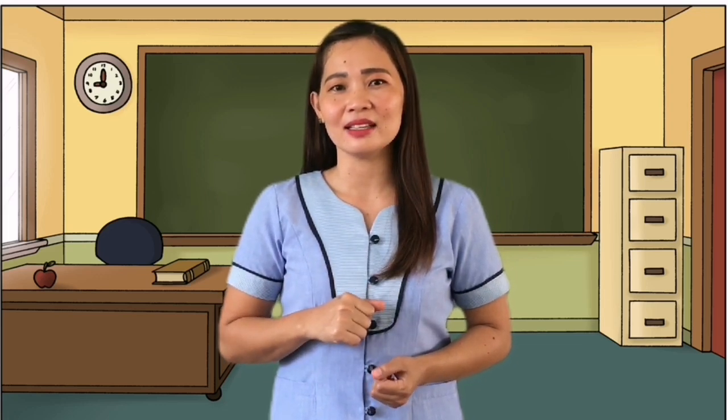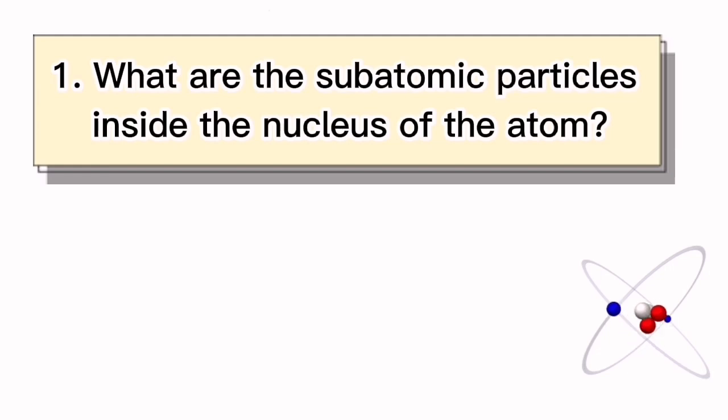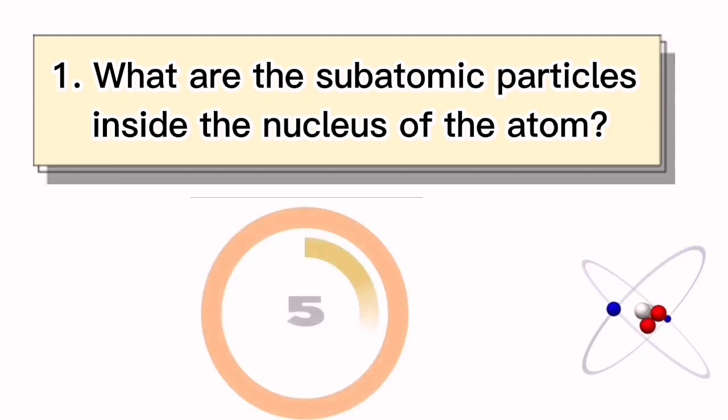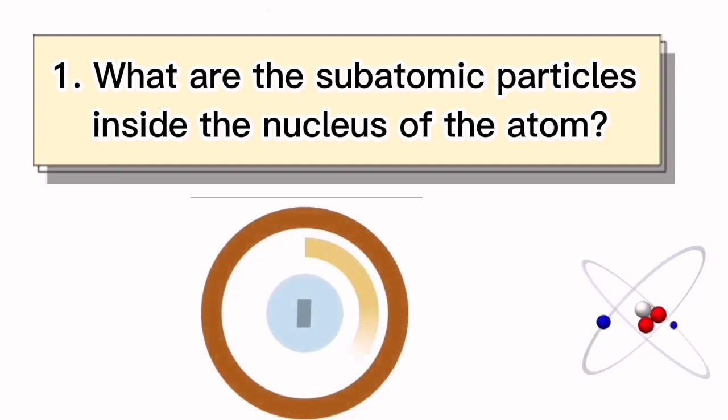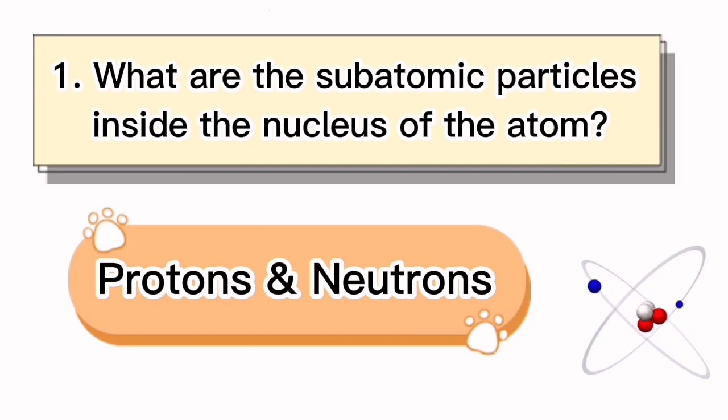Very good! Let me now assess your understanding by answering the following questions. Are you ready? Number 1. What are the subatomic particles inside the nucleus of the atom? Ready? Go! The answer is protons and neutrons.